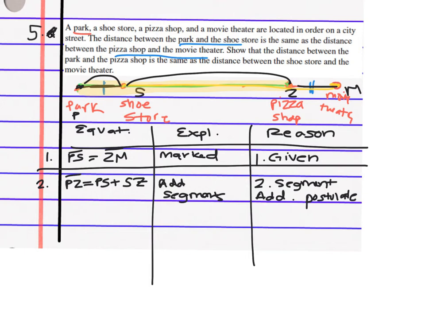Okay, and we can say the same thing for this side. Okay, we can say that SM, from the shoe store to the movie theater, SM equals SZ from the shoe to the pizza plus ZM.